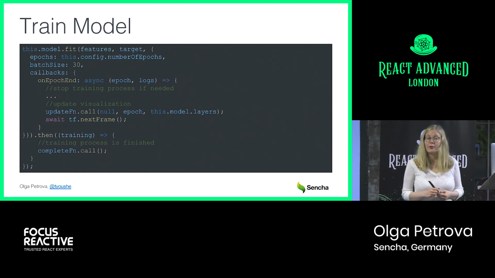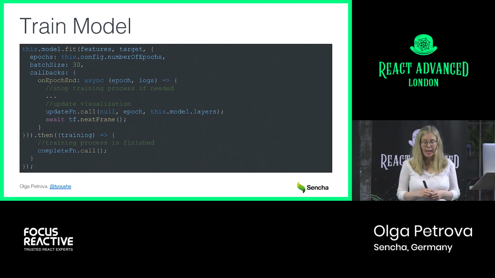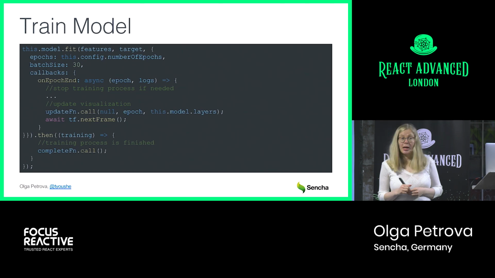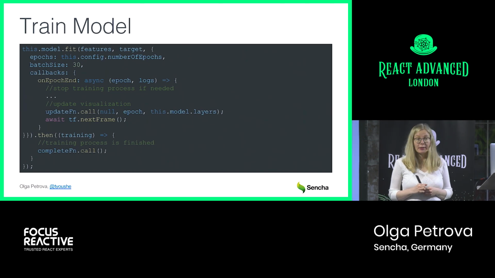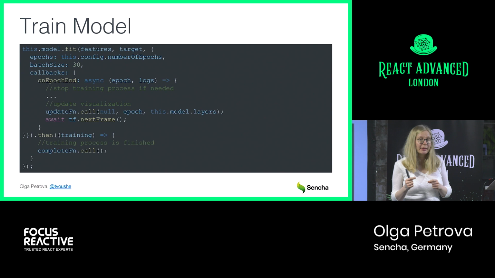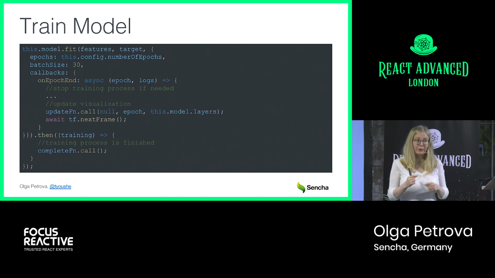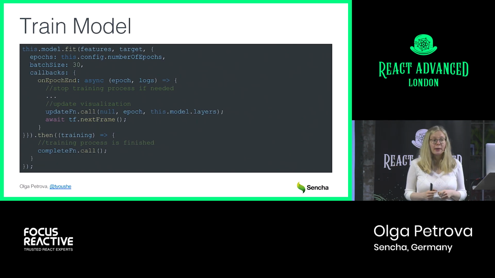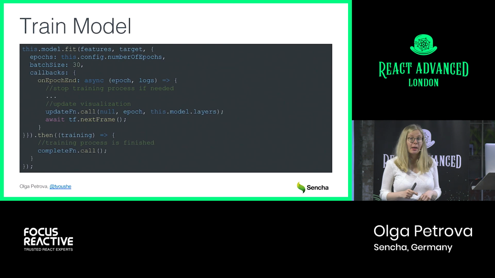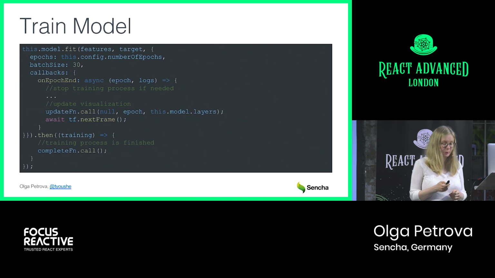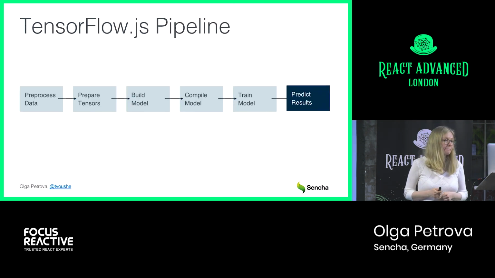I also can define several callbacks, and in my case, I will use the on epoch end callback. So I will be notified at the end of every epoch, like the end of every iteration over my data, and I will use this callback to update my visualization, which is built with D3.js.